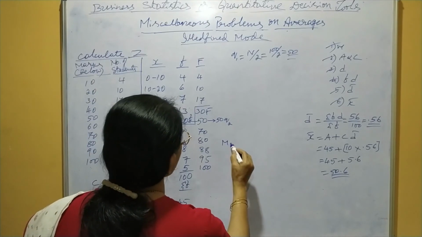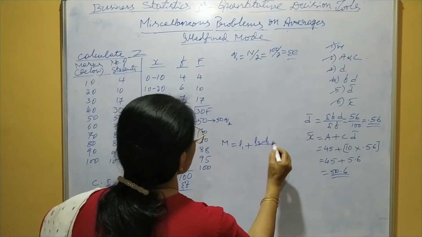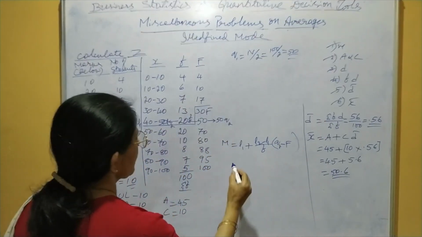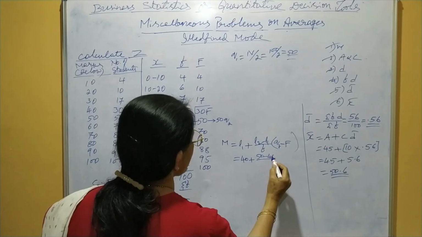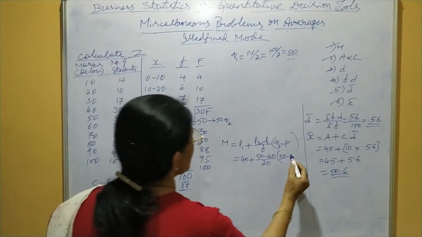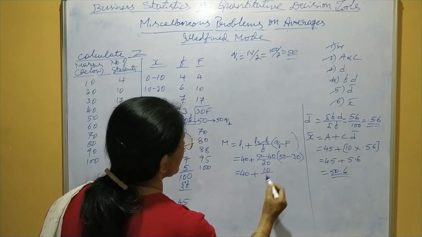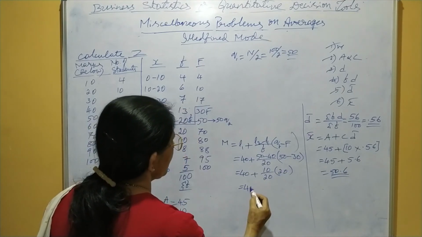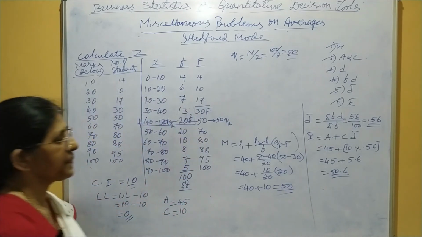Formula is M equals L1 plus L2 minus L1 divided by f into Q2 minus capital F. Okay, L1 40 plus L2 50 minus 40 divided by 20 into Q2 50 minus capital F 30 equals 40 plus 50 minus 40, 10 divided by 20, 50 minus 30 is also 20, 40 plus, 20 and 20 will cancel, remaining 10, equals 50.